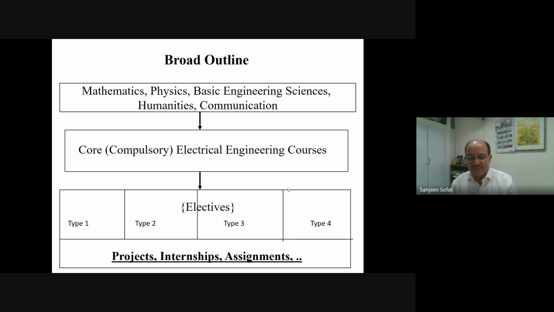One is a core. Let's say I can't teach all the things which are there in electrical engineering to all the students. Because maybe 15-20 years back, the core courses of a particular branch used to be very limited.